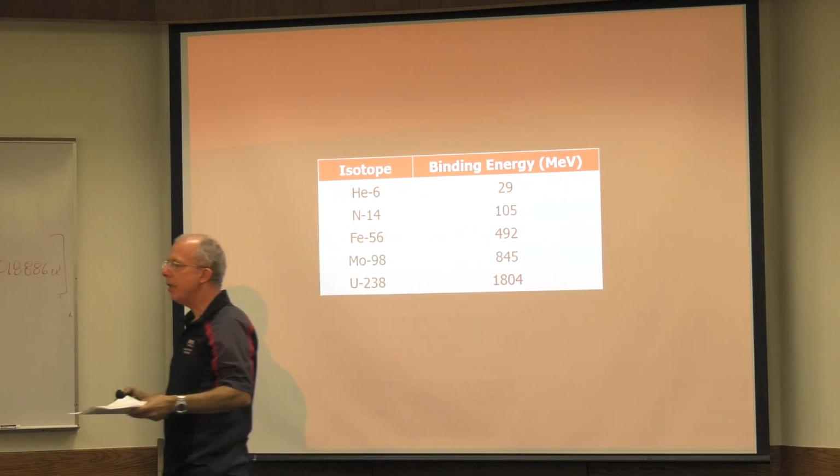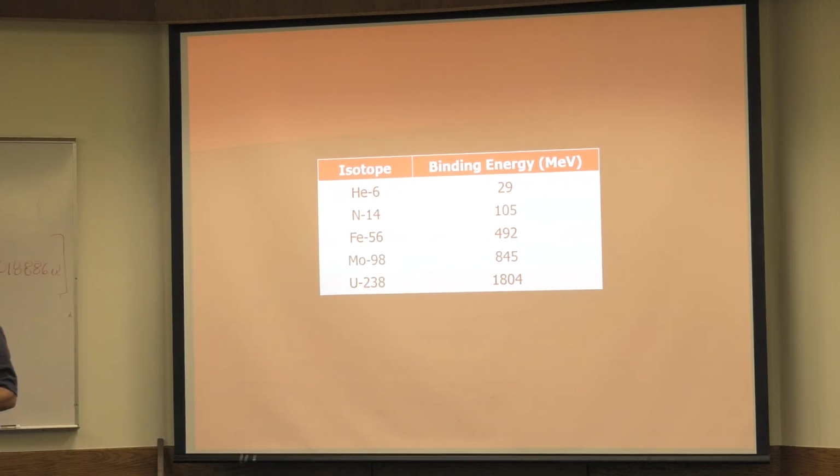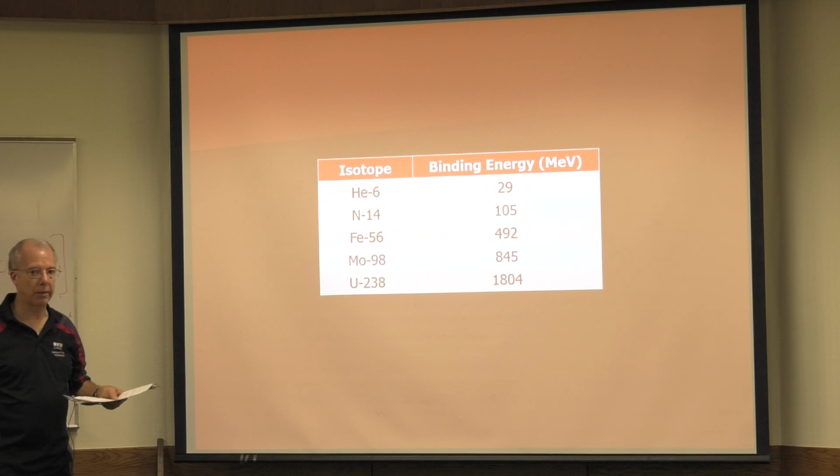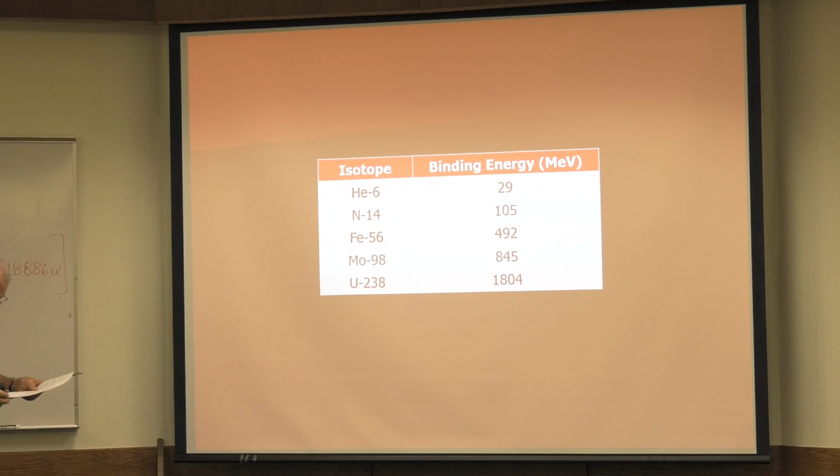So what's the huge difference between chemistry, where you're dealing with electrons circling the nucleus, and nuclear physics? Chemistry, with electrons, you have electron volt energies. Nuclear physics, you have millions of electron volts of energy. So it's a factor of about a million. That's important, and we'll talk more about that in a little bit.